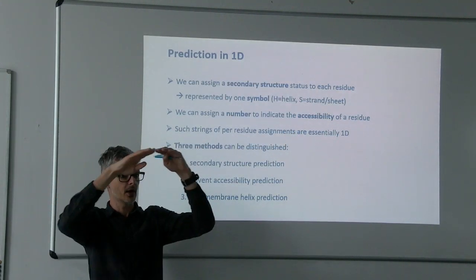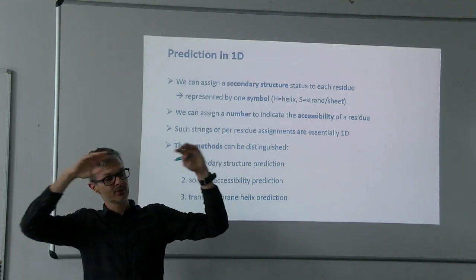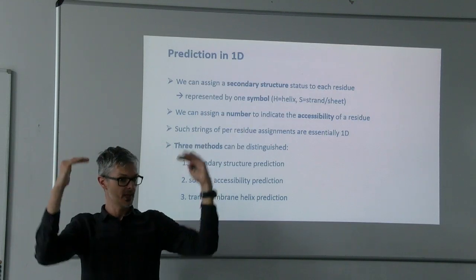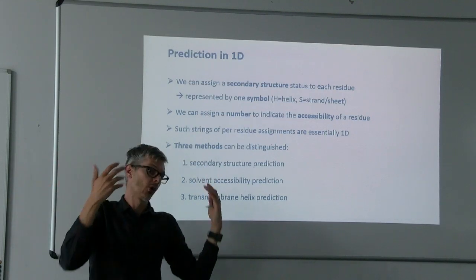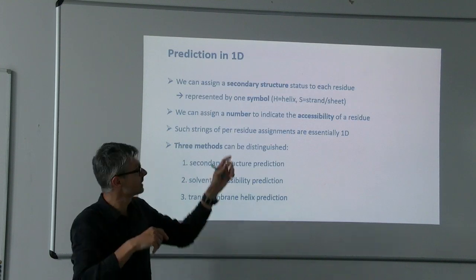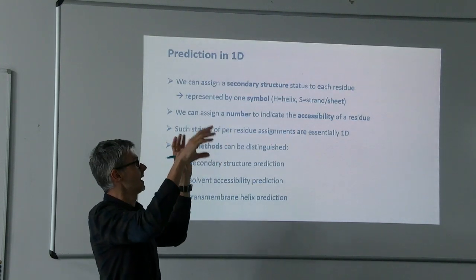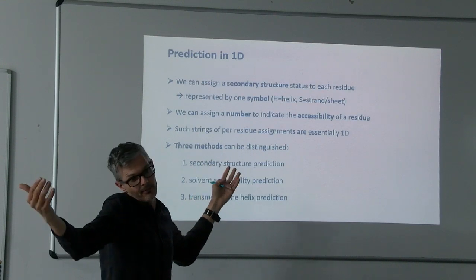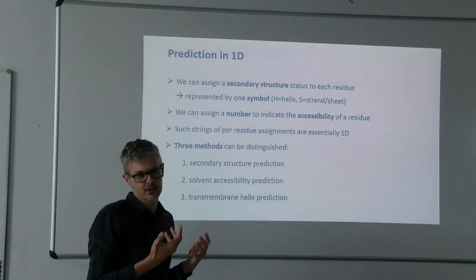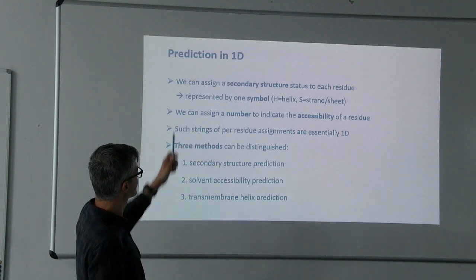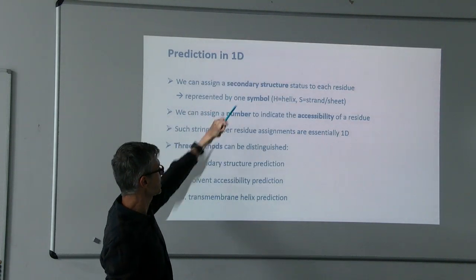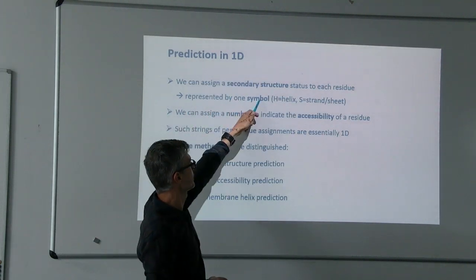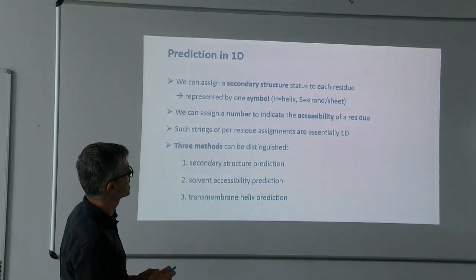And in this way, below your 1D primary sequence, you could write in also 1D just H, H, H, H, L, L, S, S, S, S, like this, a string, and with that you already know the secondary structure, right? So this is how we assign a secondary structure represented by only one symbol for each amino acid.